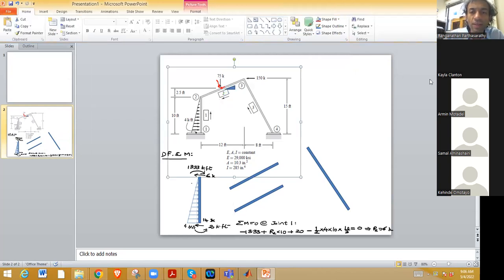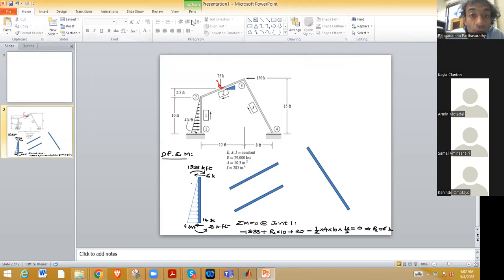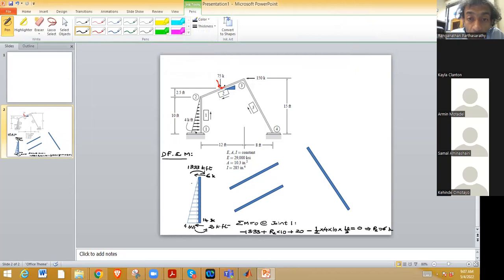Okay, so this triangle here is 12, 5, 13. That's the Pythagorean triplet. So I have in the center a load acting like that, and also at the center a load acting like that.